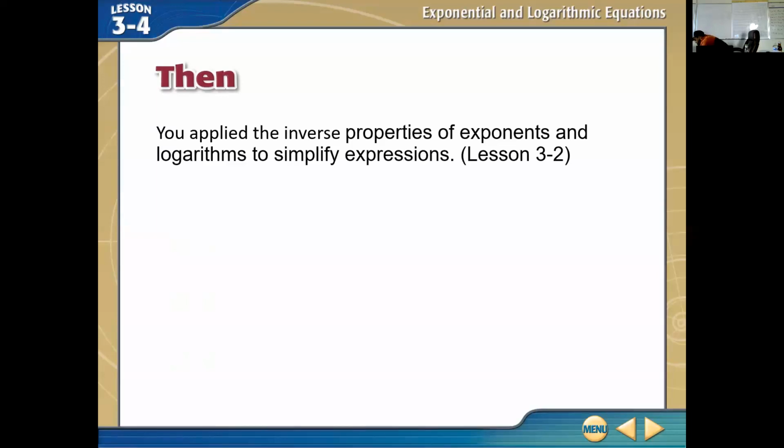They are your inverse properties, which state that log base b of b to the x is equal to x. This is the first one. And then b to the power of log base b of x is equal to x. Make sure I wrote those up right.